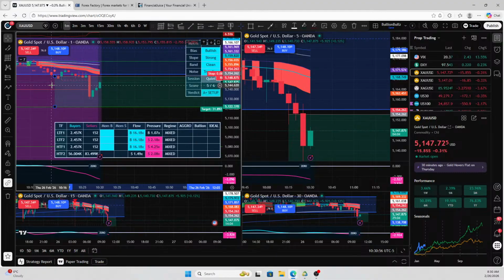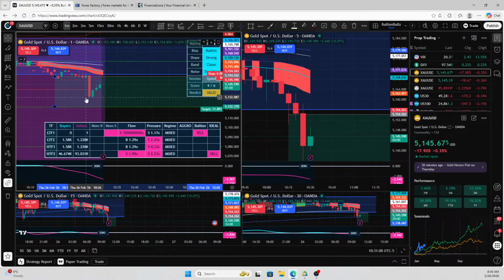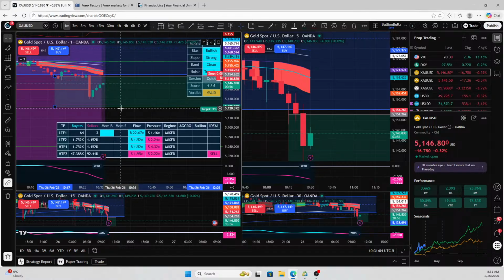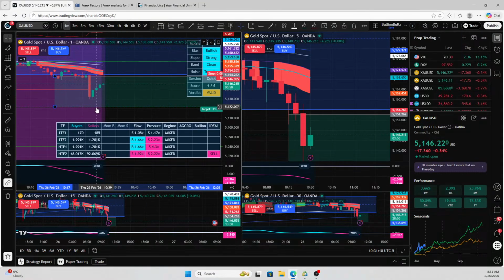Let's wait and see how the move plays out, okay? I've taken some partials here exactly at this level. We'll wait for price to come down. Anyone who is in the trade, stop to break even and try to hold some position up to this level.